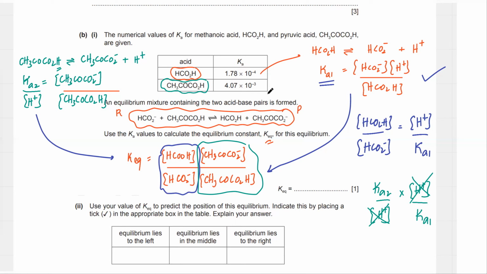No, it should not have been that value, one second. It's 0.04. No, it's a smaller value divided by an even smaller value, so that should be bigger. I got 0.04. I mean this is going to be 4.07. Look at this: 4.07 times 10 to the power minus 3, divided by 1.78 times 10 to the power minus 4. Maybe I'm wrong, but it should be a bigger value.